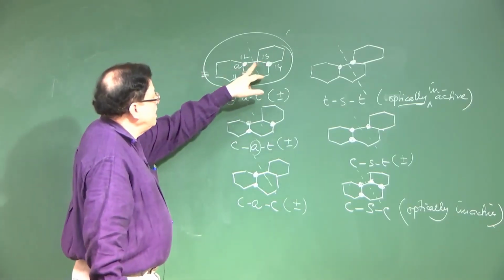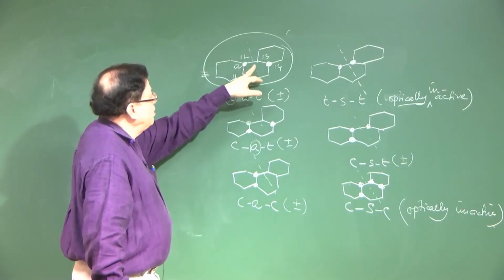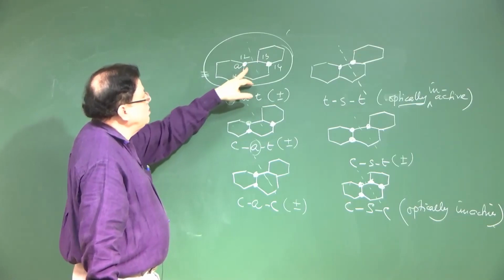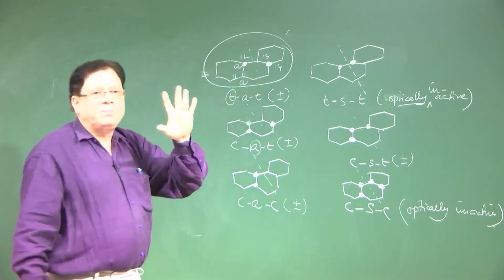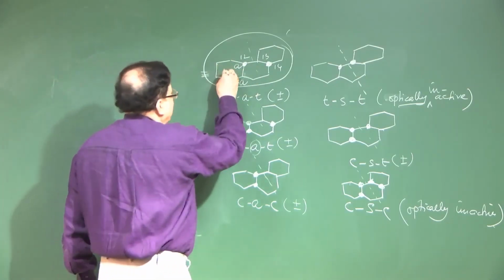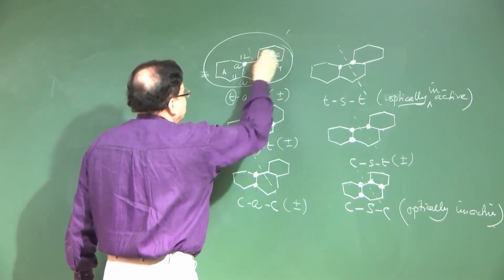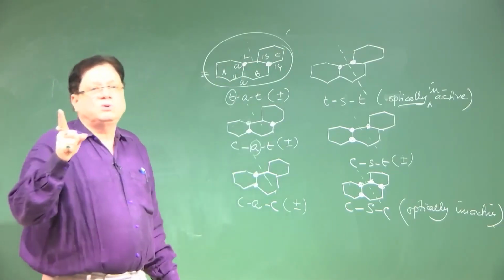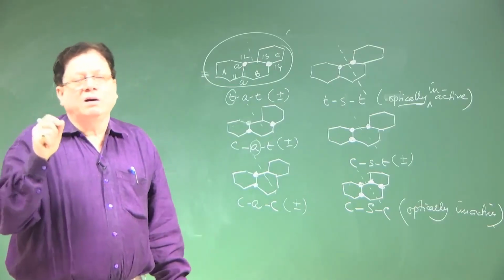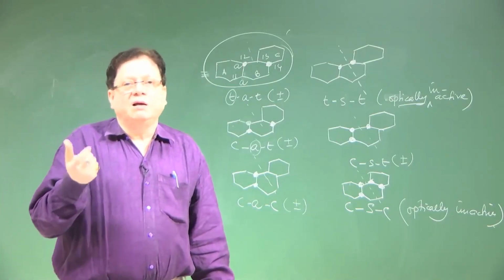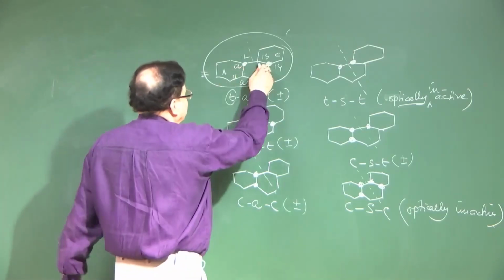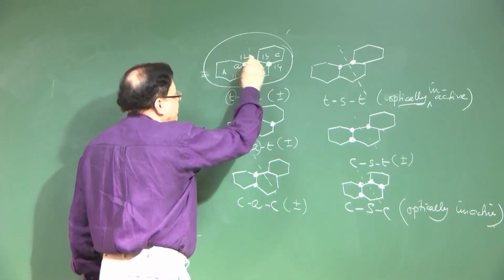Looking only at the B ring, they have a 1-2 relationship. This is the A ring, this is the B and this is the C. So, in the B ring this is a 1-2 trans relationship, which means either both are axial or both are equatorial. So, if this is axial, then this hydrogen should also be axial.